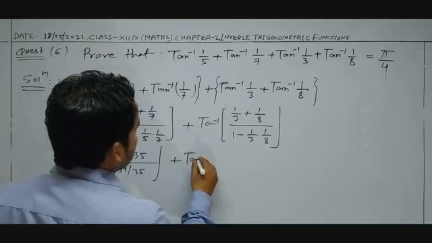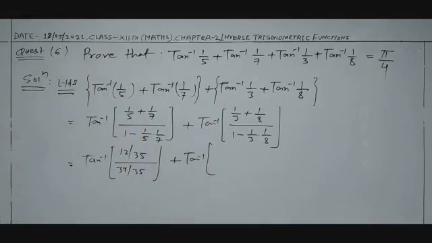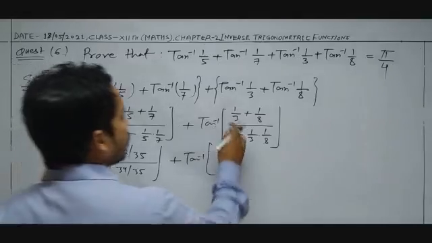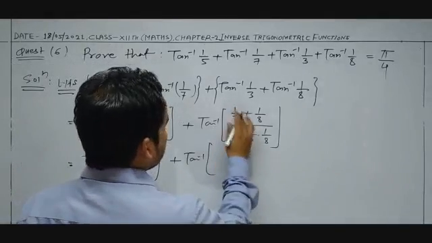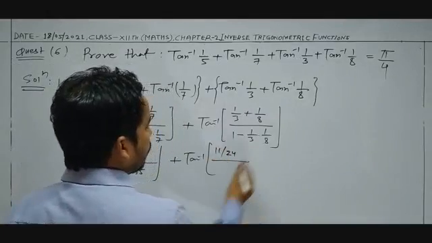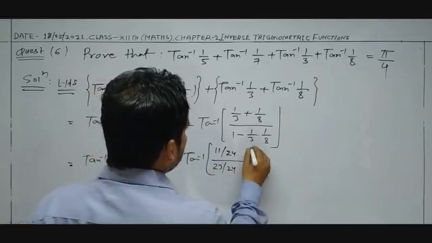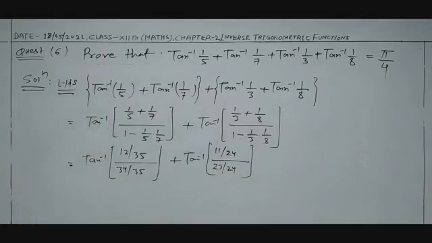Similarly, tan inverse of 1 by 3 plus 1 by 8, that LCM is 24, so 11 by 24 whole upon 24 minus 1, that is 23 by 24. So the result is tan inverse 12 by 34 plus tan inverse 11 by 23.